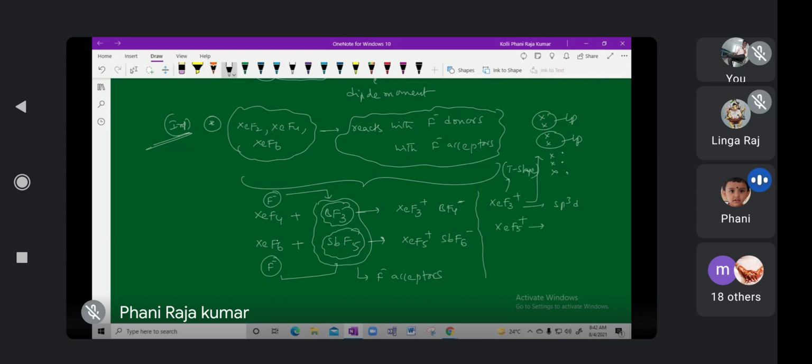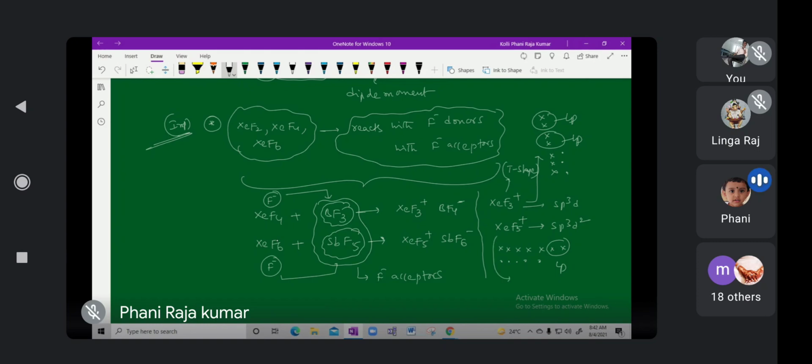Next we have XeF5 plus. Once again 7 electrons, 1, 2, 3, 4, 5, 6, 7, and 5 fluorines and 1 lone pair. So total 6 pairs are there, with one lone pair. Therefore, sp3d2 hybridization.